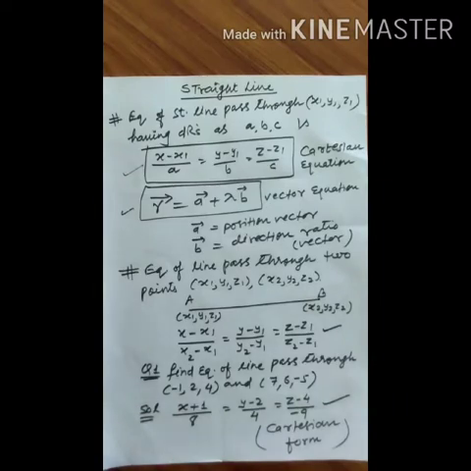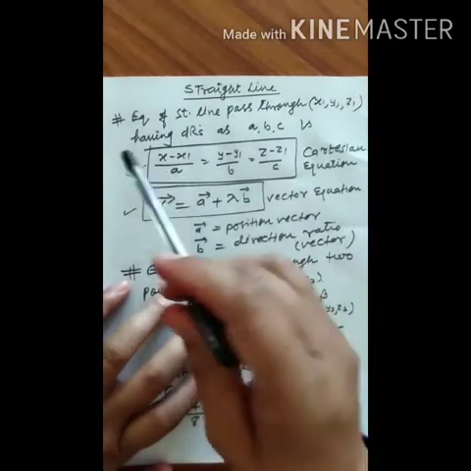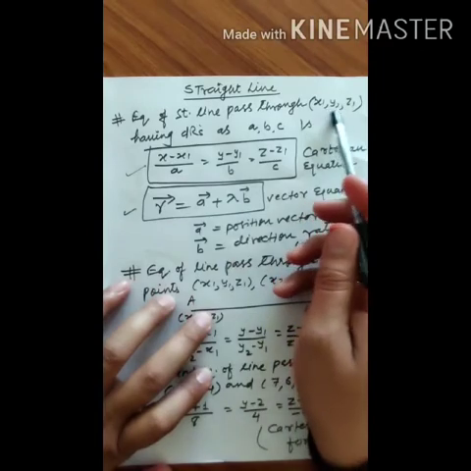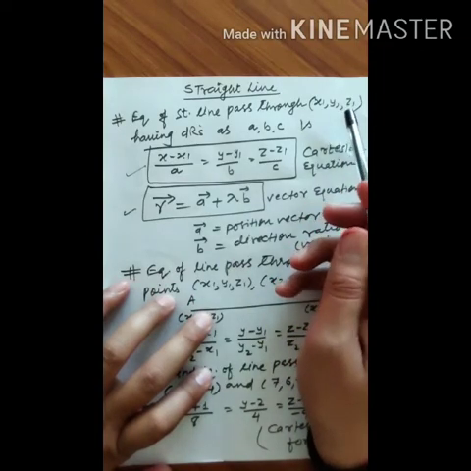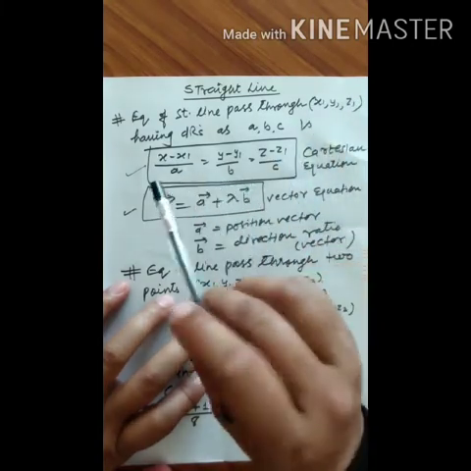Students, today we will learn about the topic straight line. My first topic is the equation of a straight line passing through (x1, y1, z1) having direction ratios A, B, C. In this topic, the question will be of this type: one point will be given from where the line passes, and the direction ratio of the line will also be given.